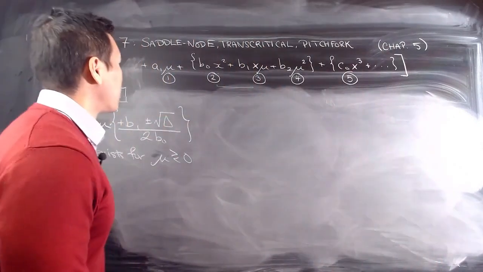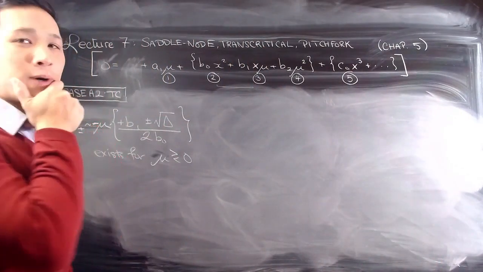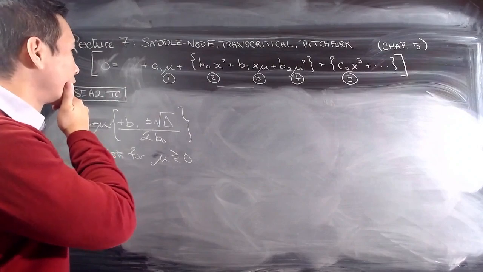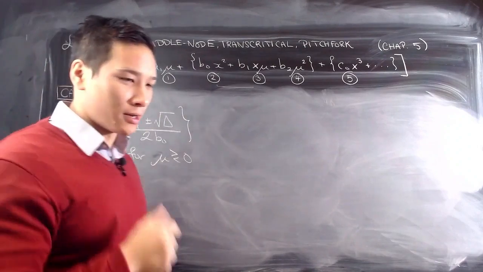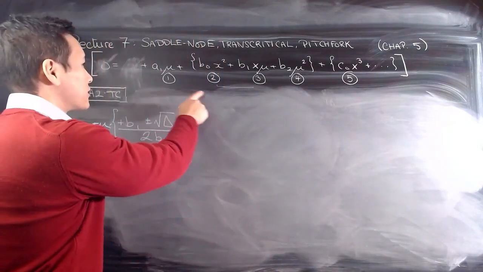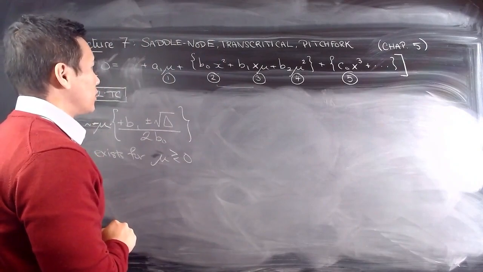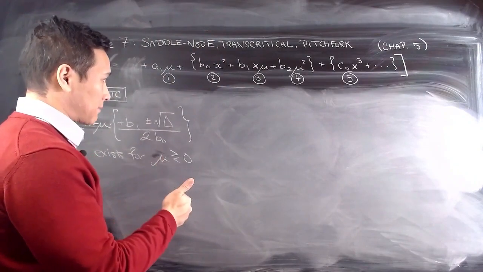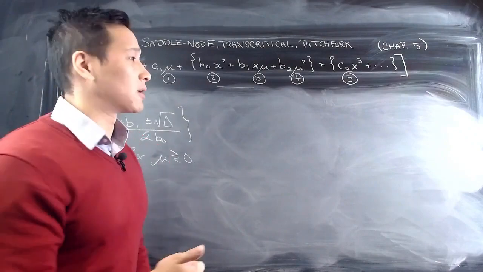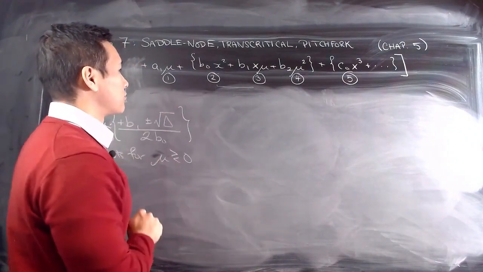Okay, so let's remind ourselves what we were trying to do. Beginning with the Monday class, we were trying to solve this equation here, and we started looking at the most basic balance of the saddle node bifurcation, and in the saddle node bifurcation, you have a 1-2 balance.